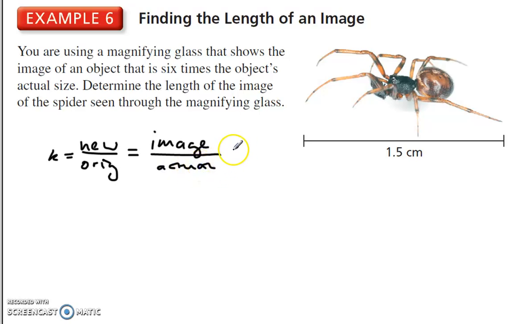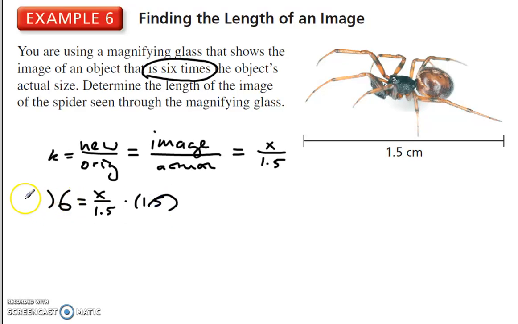Okay, so the actual spider is 1.5 centimeters, and we want to know what it is after magnification. Now we know that the magnification is 6 times, so 6 is equal to x over 1.5. Multiply each side by 1.5, and we get a grand total of 9. So the spider is now 9 centimeters if seen through the magnifying glass. It appears to be 9 centimeters large.